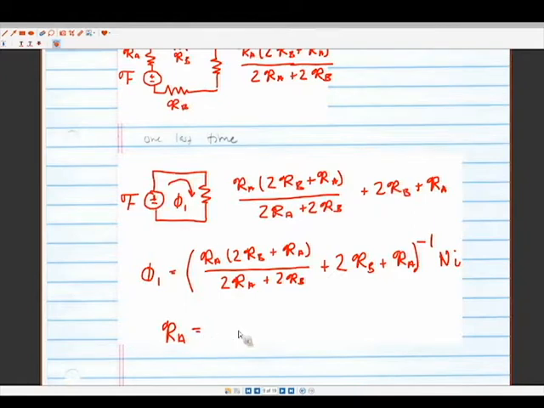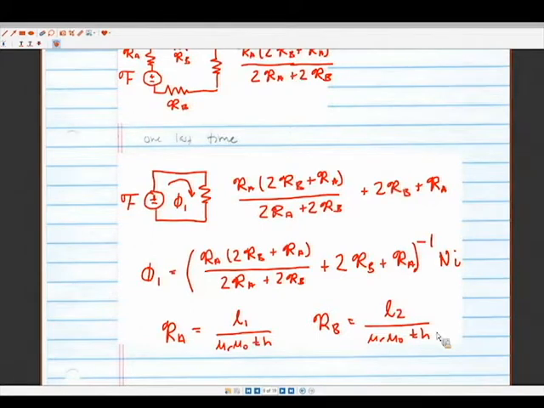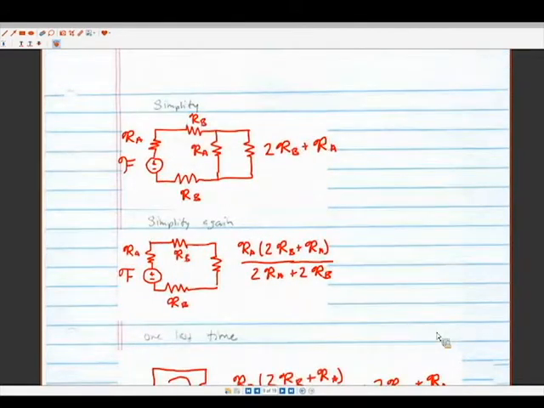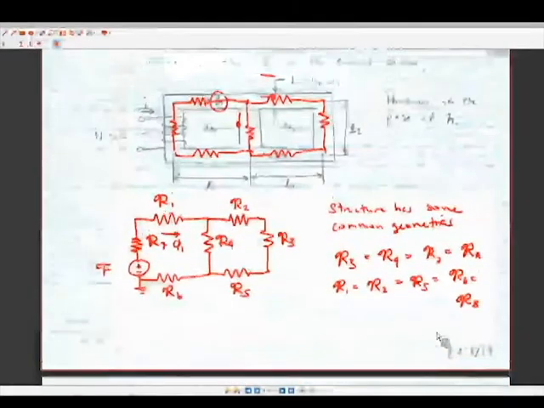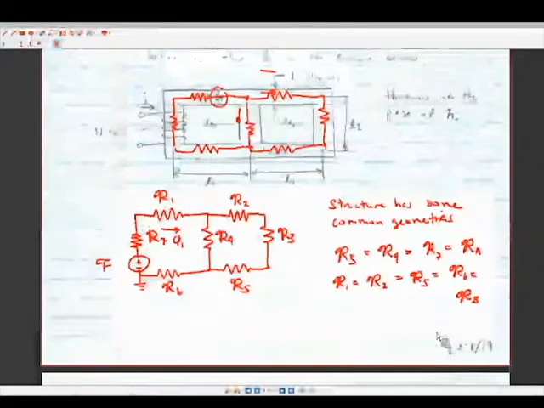Sorry, RA, I mean, is going to be L1 over mu R mu naught times the area A, and RB is L2 over mu R mu naught times the area A. All geometric factors. Yes? Yeah, you're probably right. Let me check. Yep, thanks.